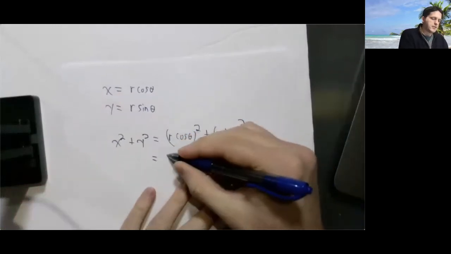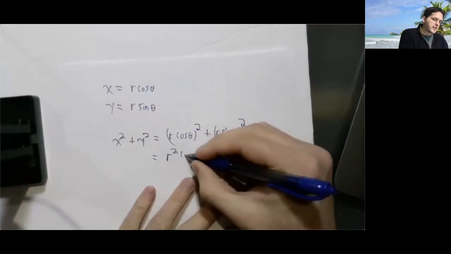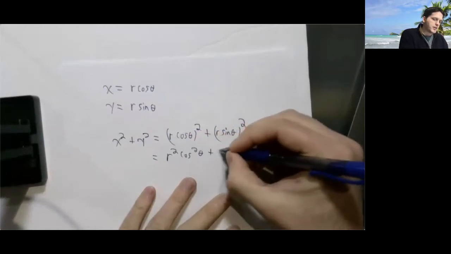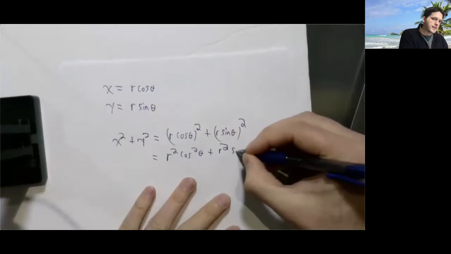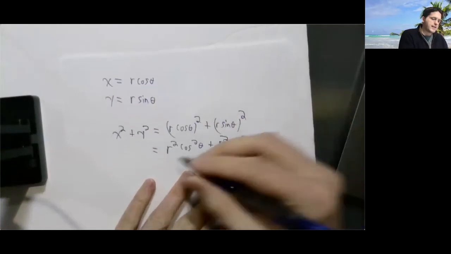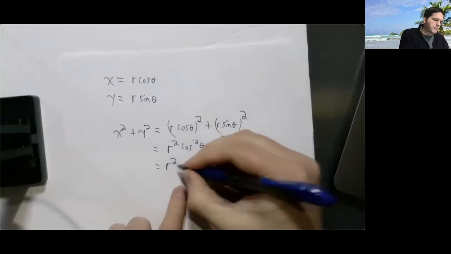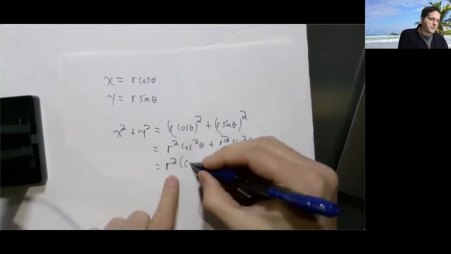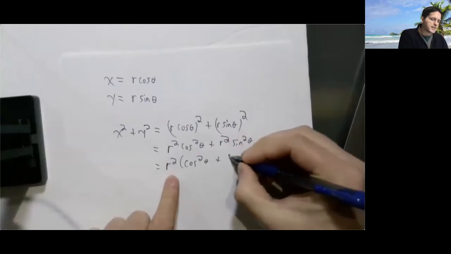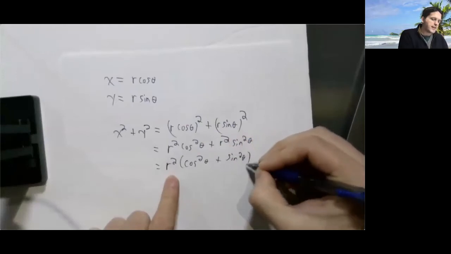So that's equal to r squared cosine squared theta plus r squared sine squared theta. And now let's factor out the r squared, and we get r squared times (cosine squared theta plus sine squared theta).